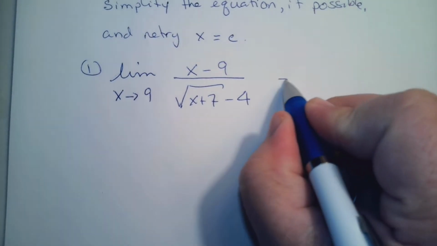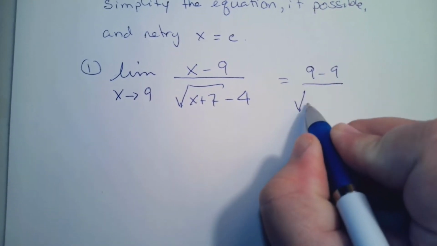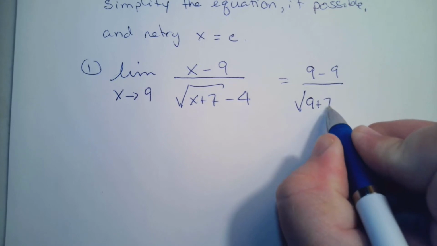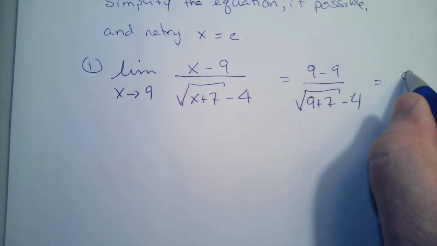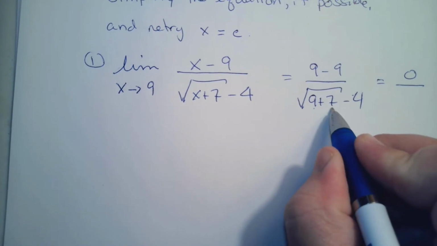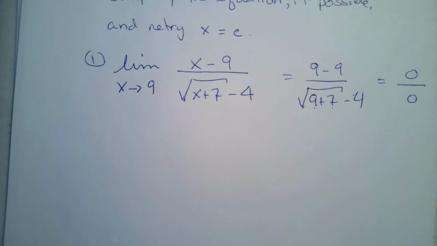If we plug in 9 into these, then you'll see we get 0. 9 plus 7 is 16. You get 0 over 0.